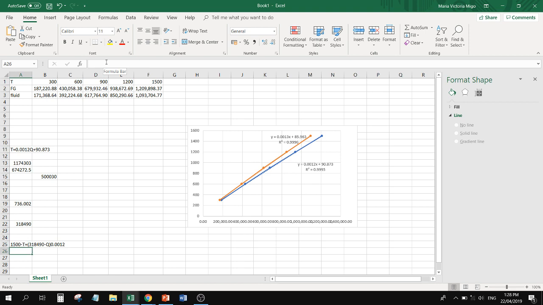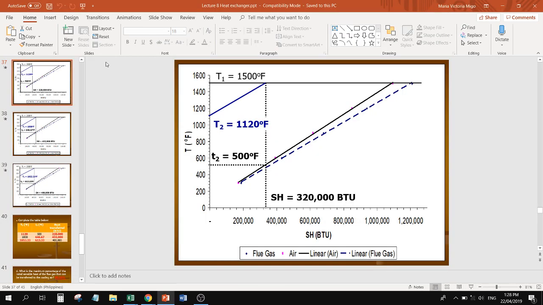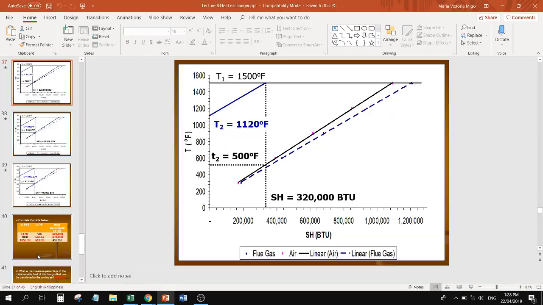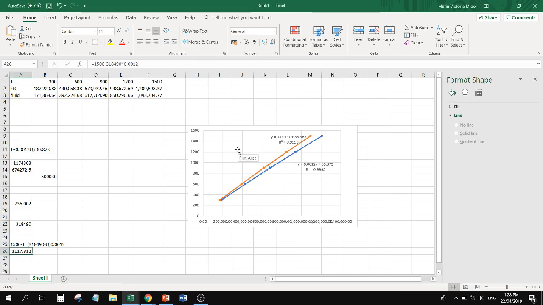So that would be equal to 1,500 minus 318,490 times 0.0012. So it's quite near 1,120 degrees Fahrenheit with the solution using the equations of the line. So you get the idea.